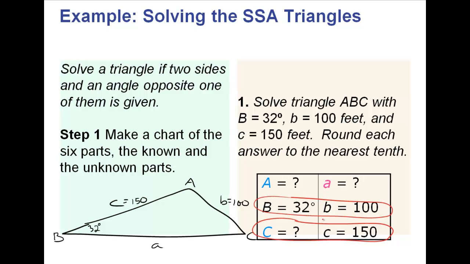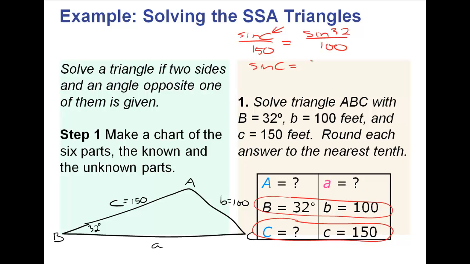Using that law of sines, we can solve for this missing piece, and then once we have this missing piece, how do we solve for A? Well, we just know those add up to 180. So we're going to have angle C: sine of angle C over 150 is going to equal sine of 32 over 100, and now we can solve for C. Multiply both sides by 150.